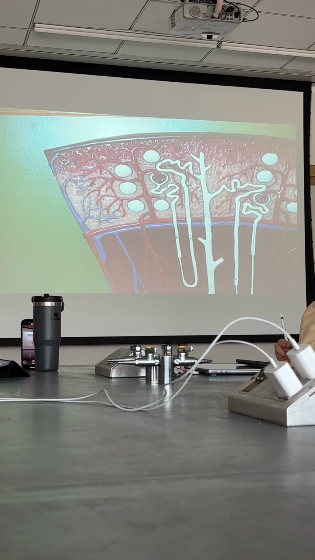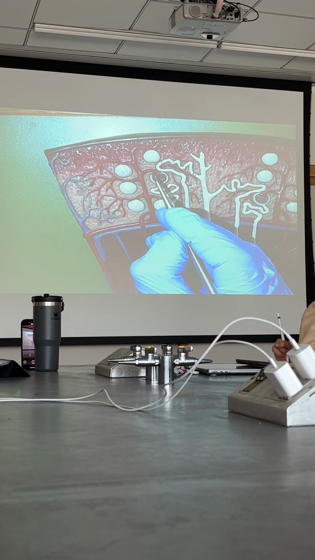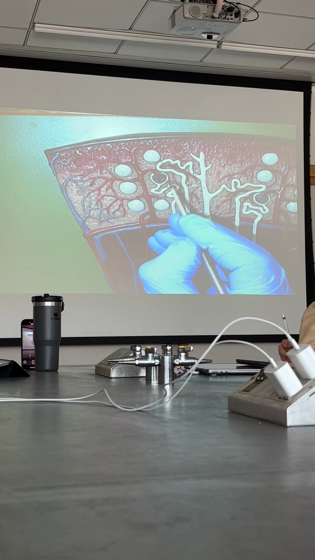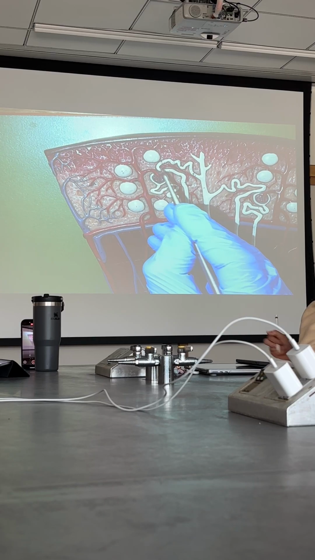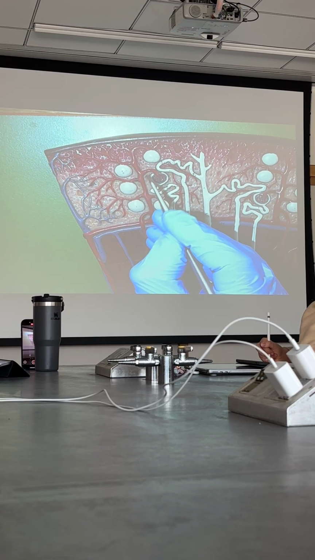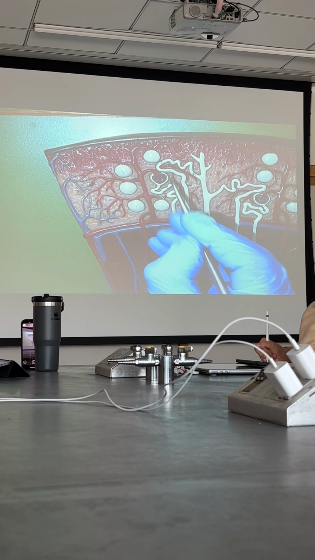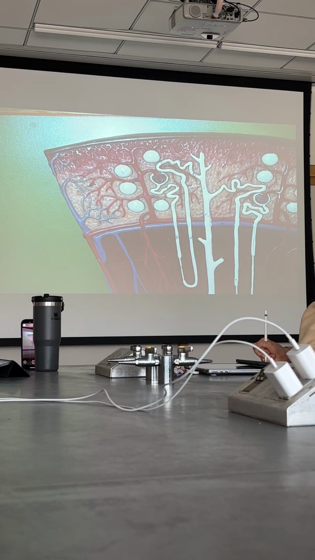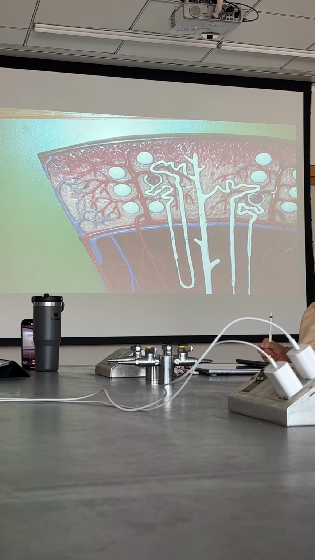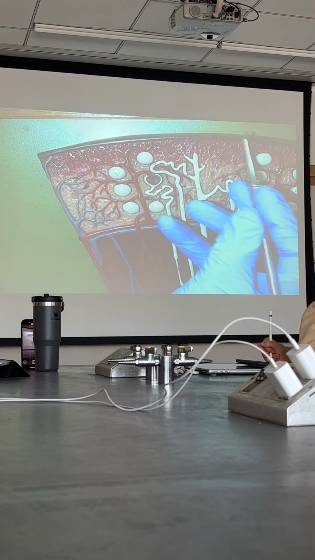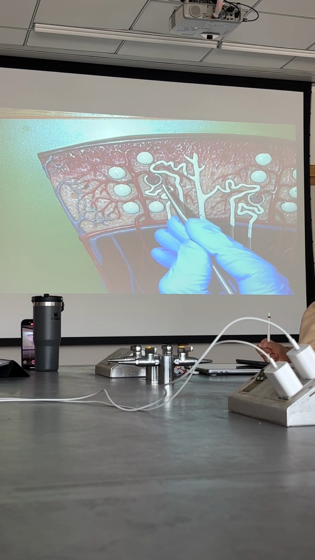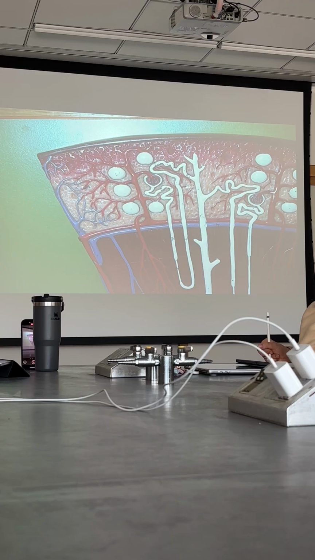Either name's fine. And then there's the part that surrounds it in white there, and that's going to be the renal capsule, or you could call it the glomerular capsule, or you could call it Bowman's capsule. Actually, you probably shouldn't call it the renal capsule because that implies that you're referring to the capsule that surrounds the entire kidney. So call it either the glomerular capsule or call it Bowman's capsule.